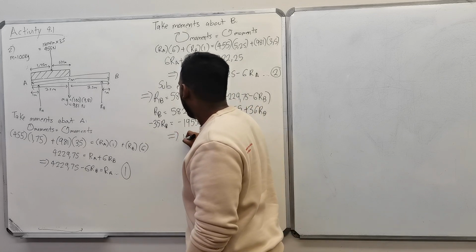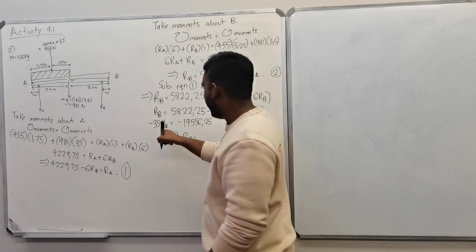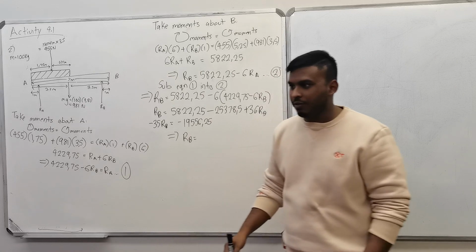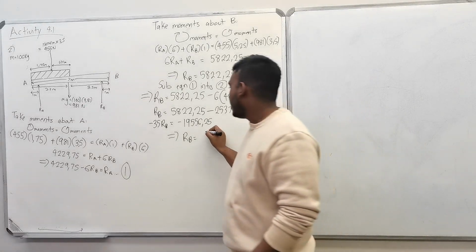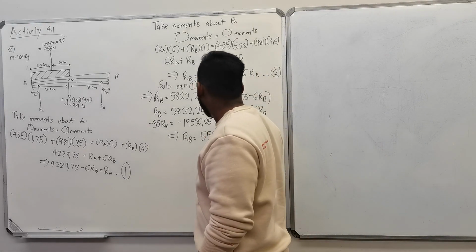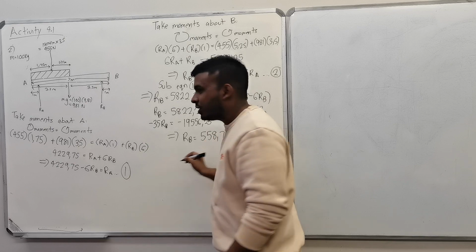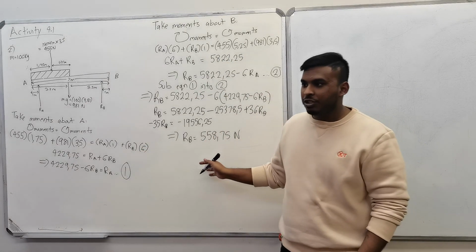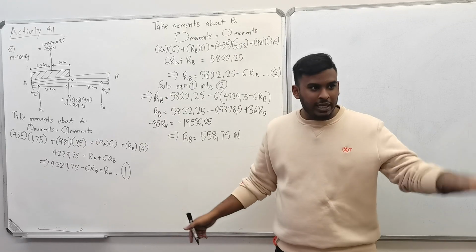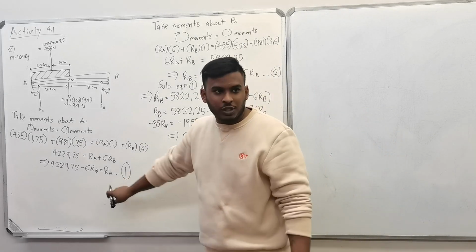Therefore RB is equal to this number divided by minus 35, which is 558.75 newtons. Now this is the value of the reaction force B. We still need to get A, and to get A we use this equation here.